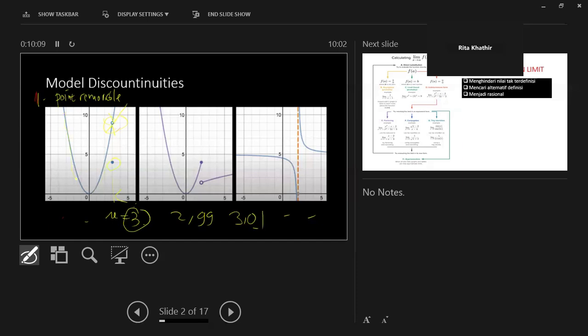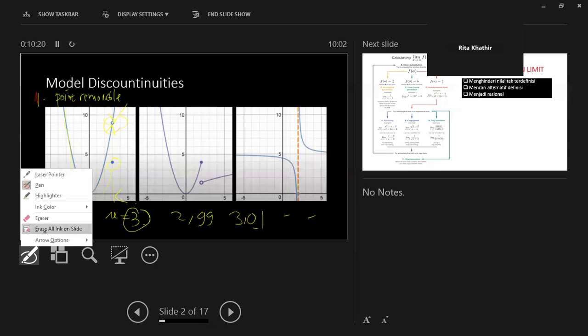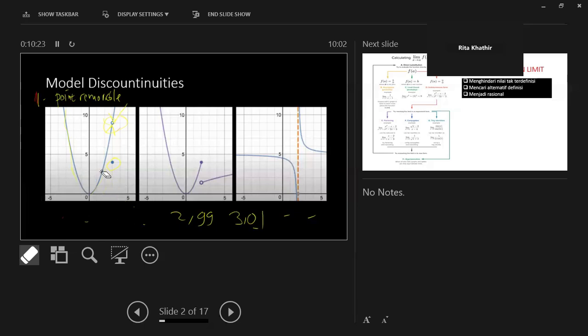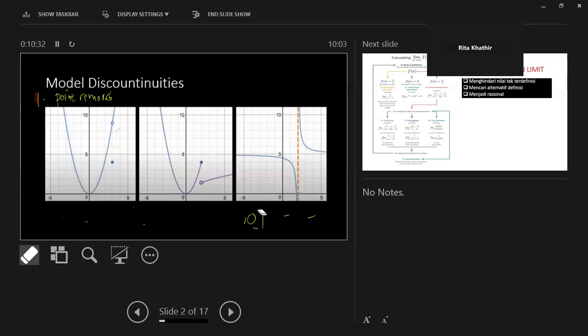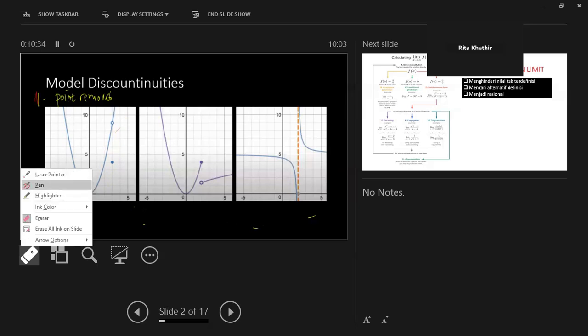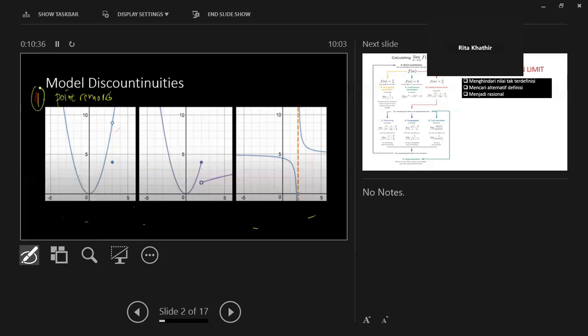So, for each line, we can draw one model, one equation, one mathematics expression. I hope you can understand a little bit about the type of model of discontinuity that is called point removable. Okay, the first model. Now look at the second model or type of discontinuity.